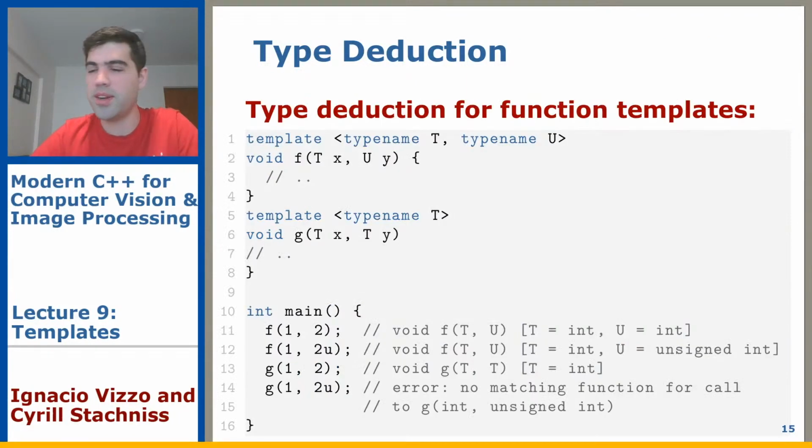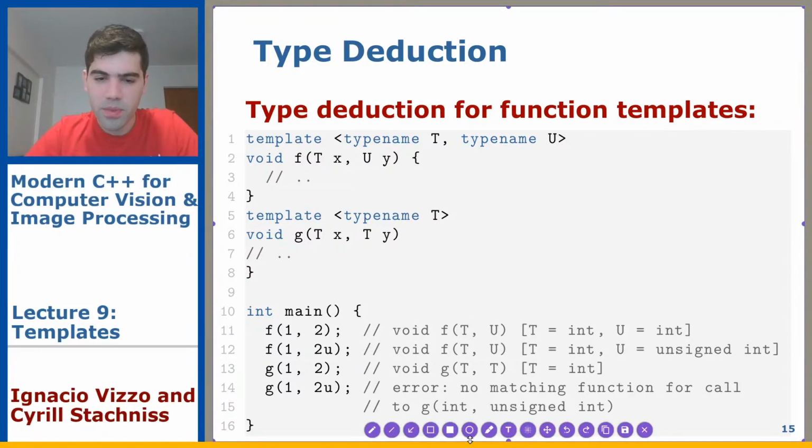So the rules are here, we just keep it, it's boring. And then here's another example. So let's go through it as if we were the compiler. So first we have a template function. So this is not a function, it's a template for creating functions that takes as template parameters two types, t and u.